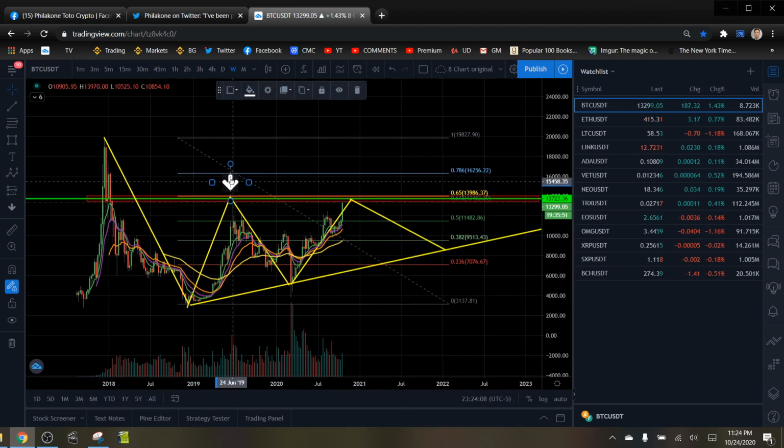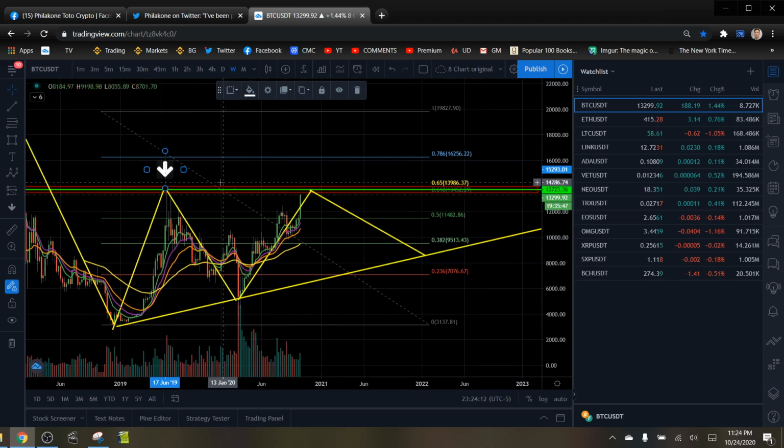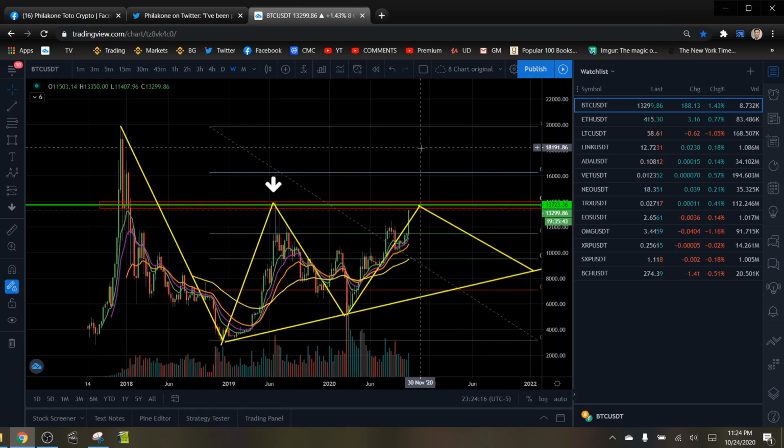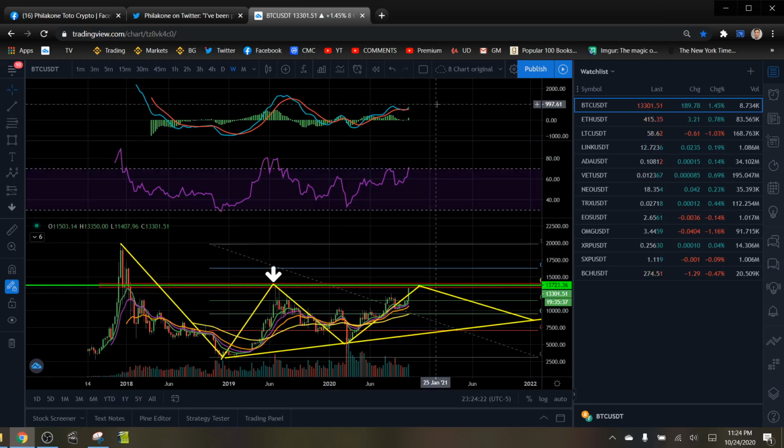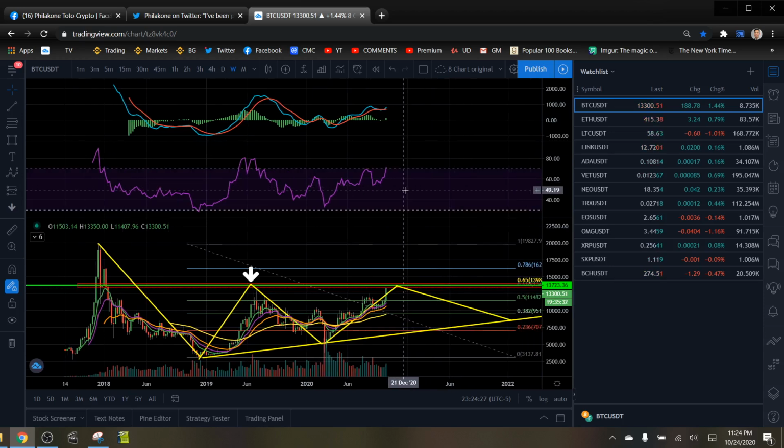It's just such a pivotal moment that, shit, man, if we break out of it, I can't even fathom what's gonna happen if we break above 14,000. I get it that we're bullish here on the RSI and the MACD and stuff like that. Yeah, it's gonna need a lot more.